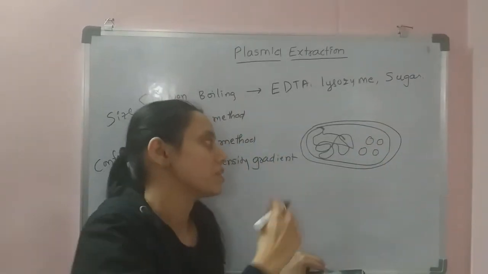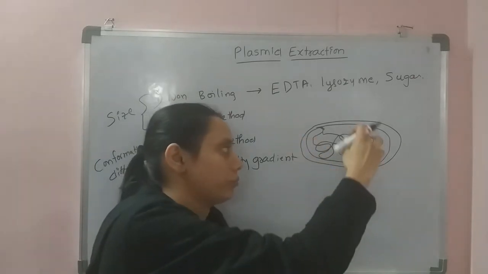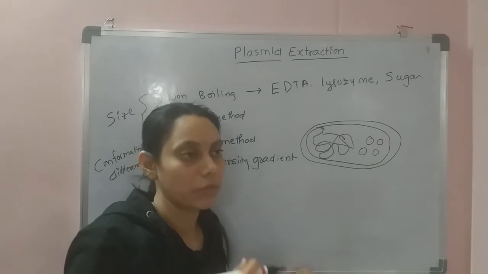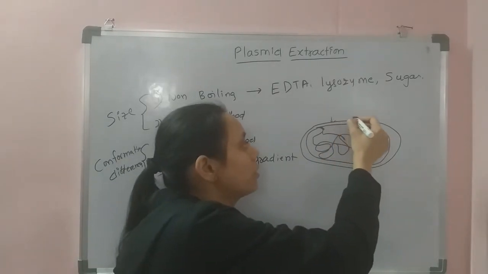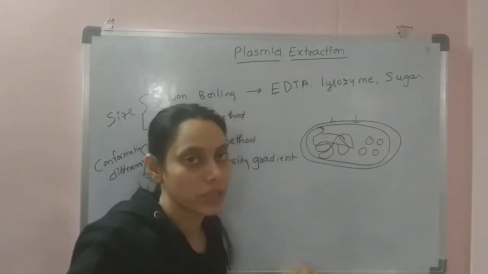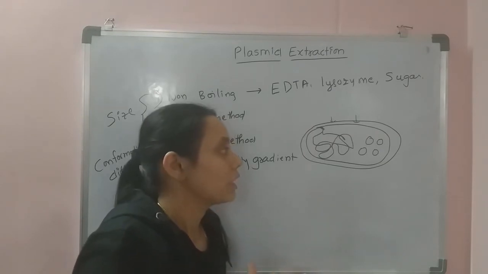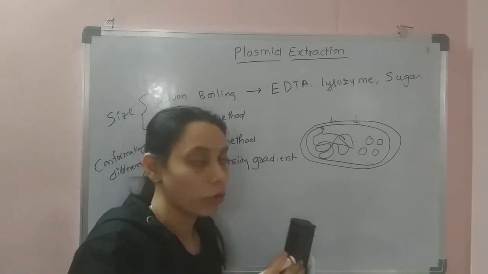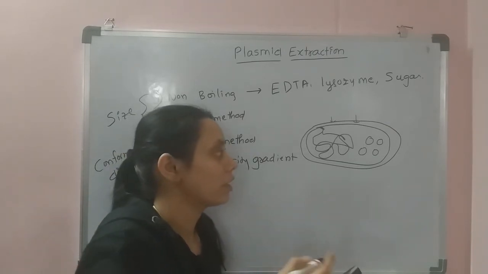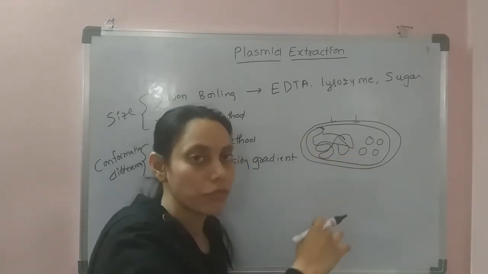So here these are very large. If you break the cell wall and make the cell burst, as we generally do with the genomic DNA isolation, the cell walls burst open, and here we are unable to separate this genomic DNA from plasmid.